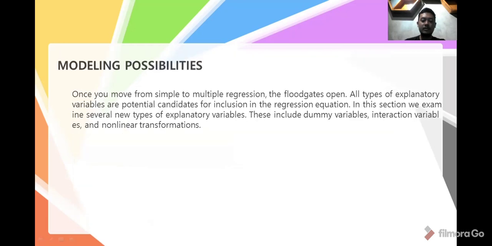Modeling possibilities. Once you move from simple to multiple regression, the floodgates open. All types of explanatory variable are potential candidates for inclusion in the regression equation. In this section, we examine several new types of explanatory variables. These include dummy variables, interaction variables, and nonlinear variable transformations.